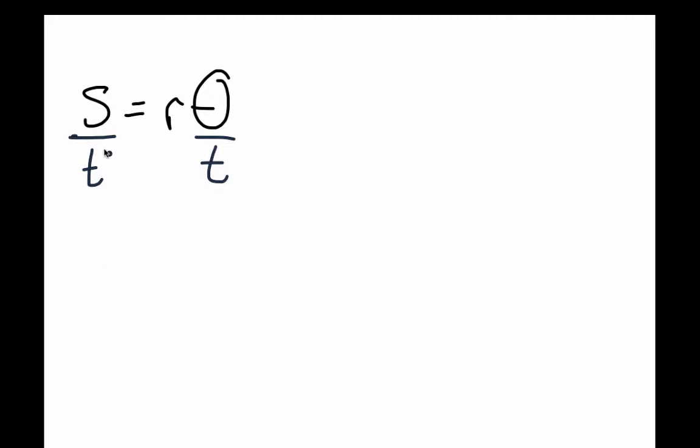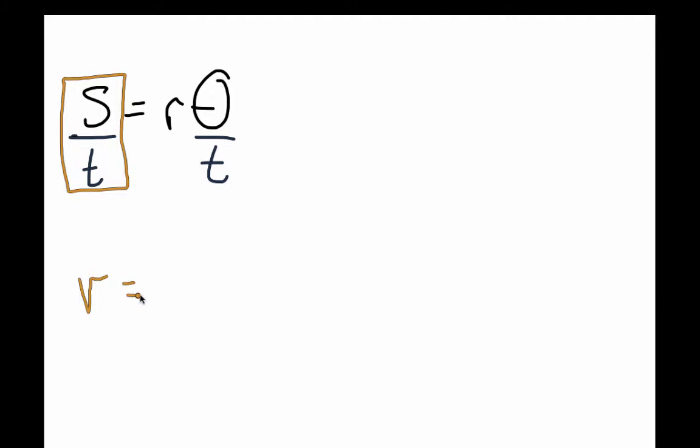Sometimes kids don't like an equation that has this variable down here where you're just solving for s over t. So if you'd like, you could call this linear speed, which we could call v for velocity.